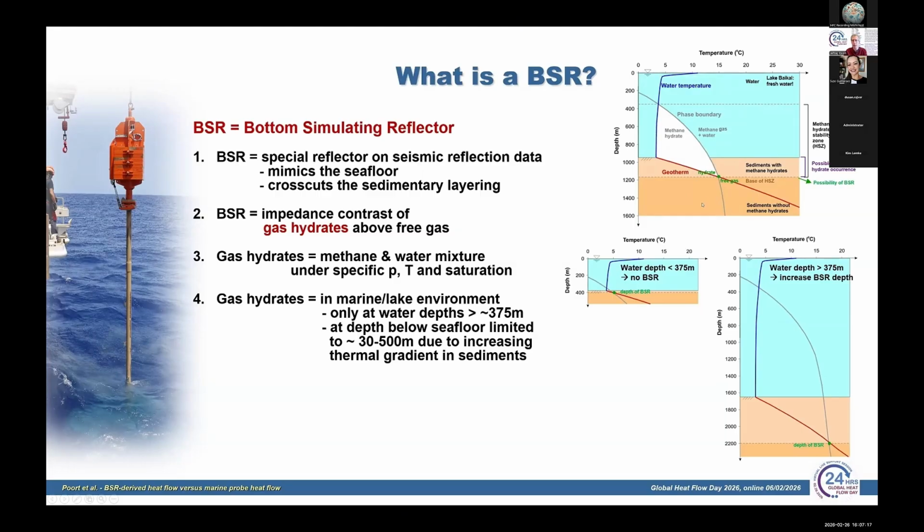But in the sediments, they can form in the upper part of the sediment, not anymore below. There are a lot of conditions that need to be fulfilled, also some flux and saturation conditions. So it's not because it's in the stability field that there will be hydrates. Again, here to show that in shallow water depth, we will not have a BSR, or it will be very close to the surface. And when we go deeper, you see the BSR will be deeper in the sediments.